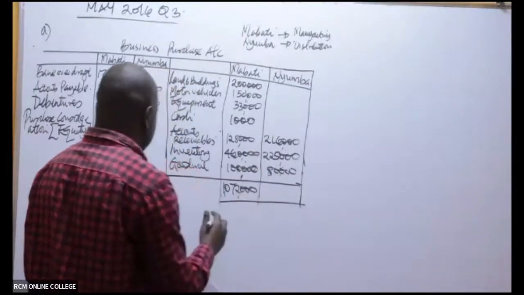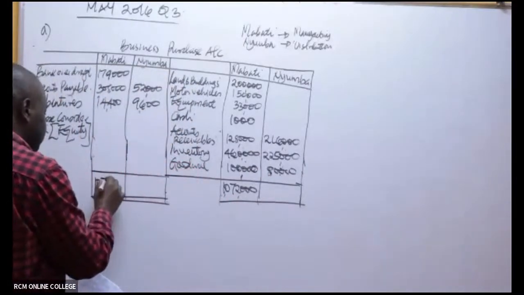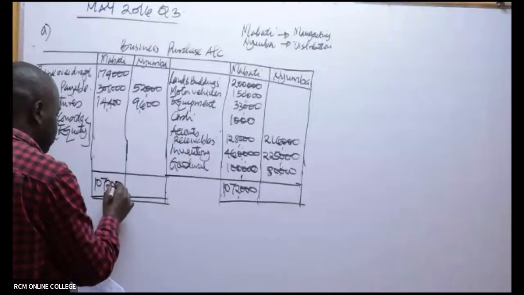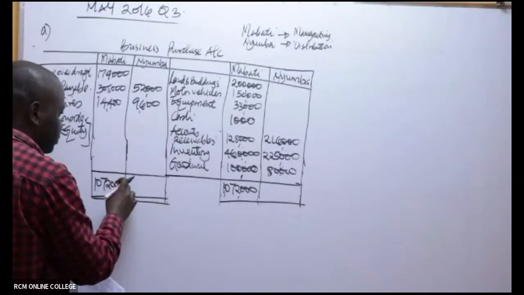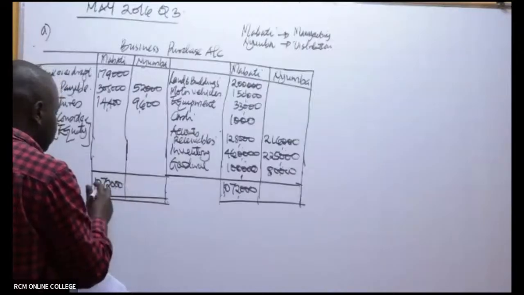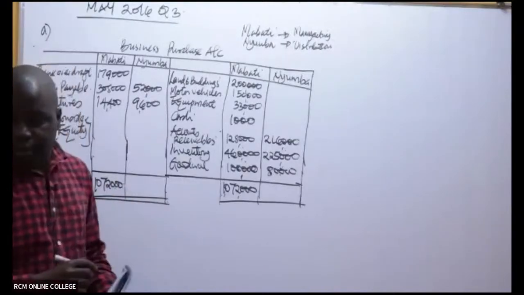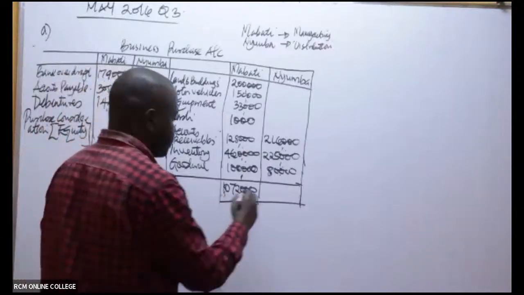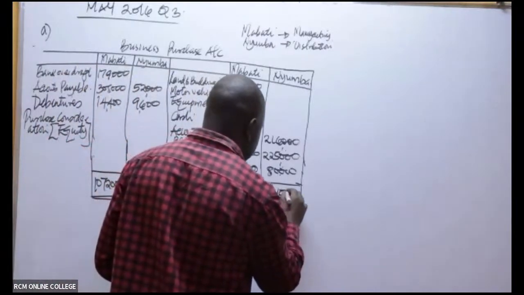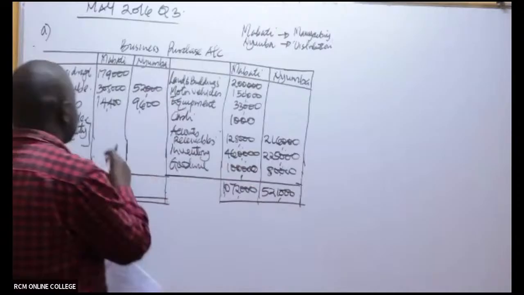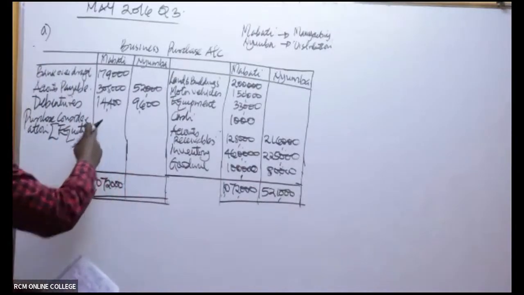What about Nyumba? Nyumba 521 million. What about the purchase consideration for Mabati? For the purchase consideration, you simply subtract these other ones.